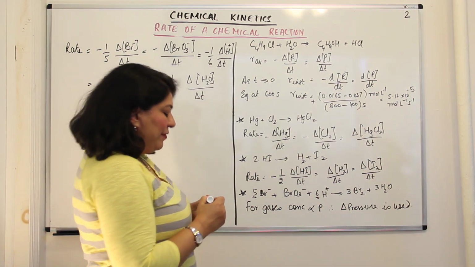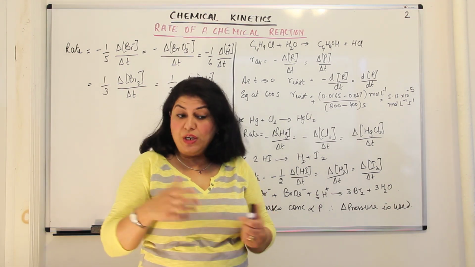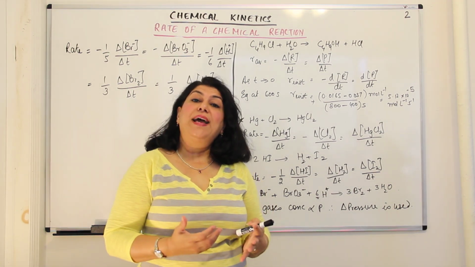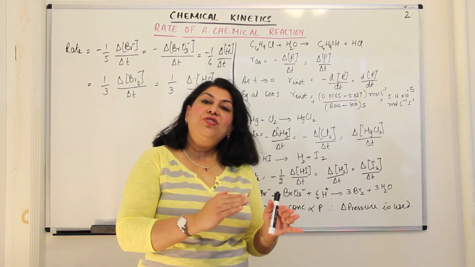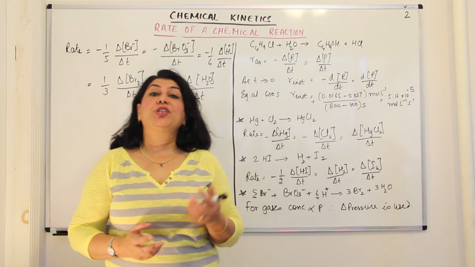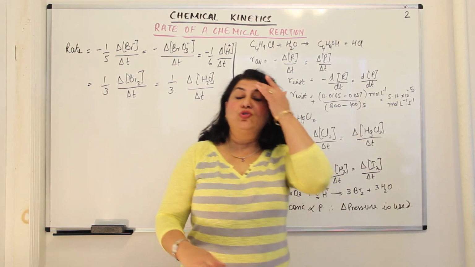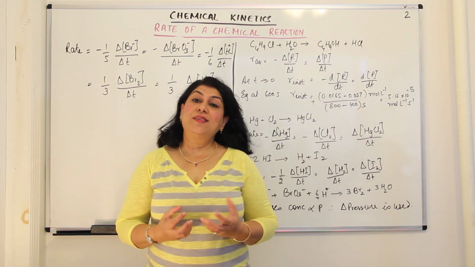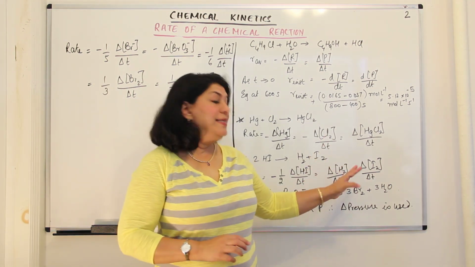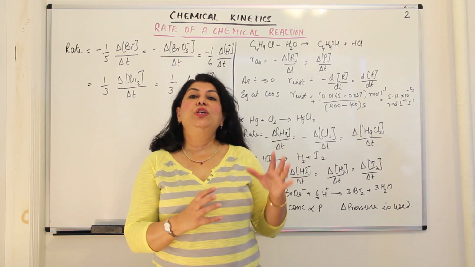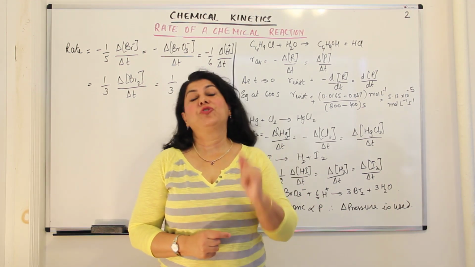Now listen, whenever you have gases as reactants or products, you cannot talk of the concentration of gases in moles per liter. So in case of gases, the concentration is directly proportional to its partial pressure. So whenever you are supposed to calculate the rate from gaseous reactants and products, instead of using delta C, the change in concentration, you will use delta P, the change in the partial pressure of the gas.